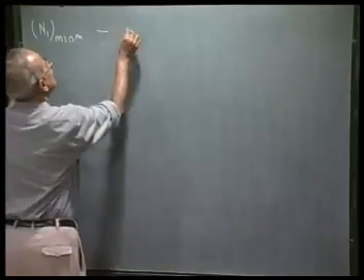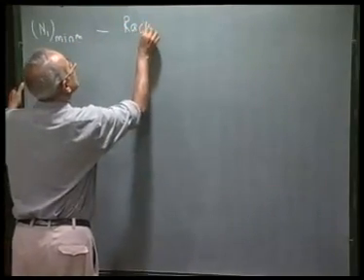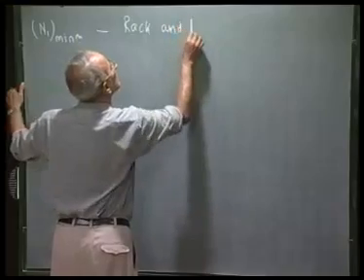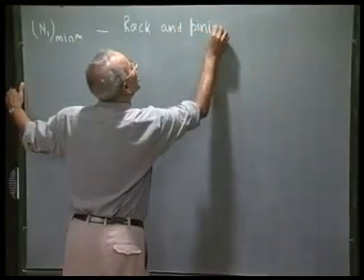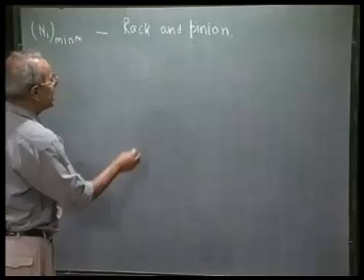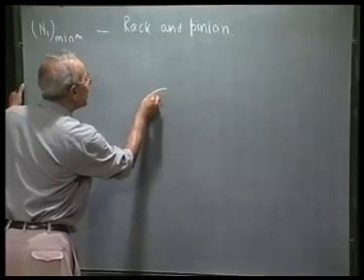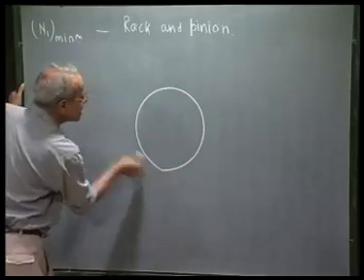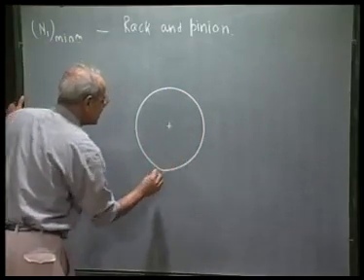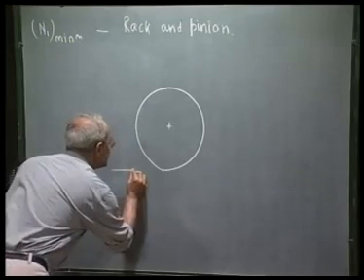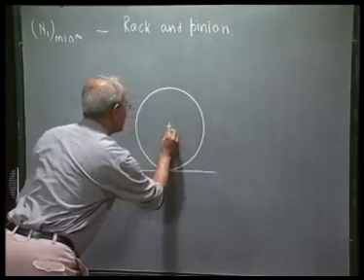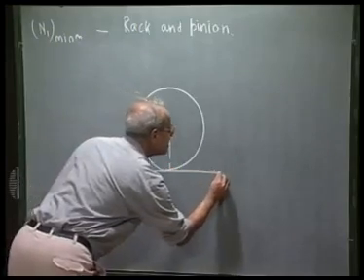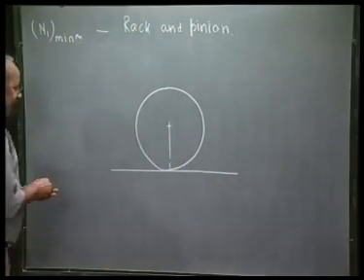So, N1 minimum on the pinion for a rack and pinion to avoid interference. Towards this end, let me say this is the pitch circle of the pinion, and this is the pitch line of the rack.